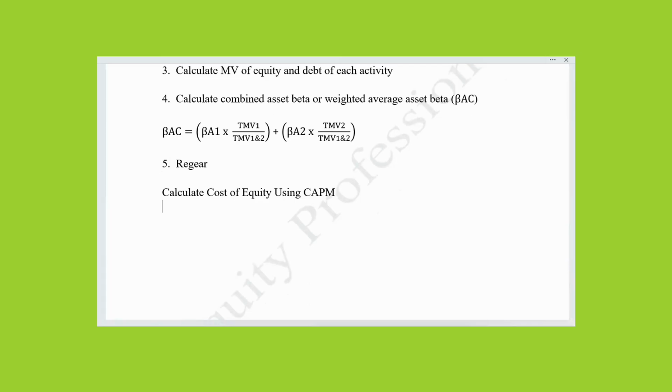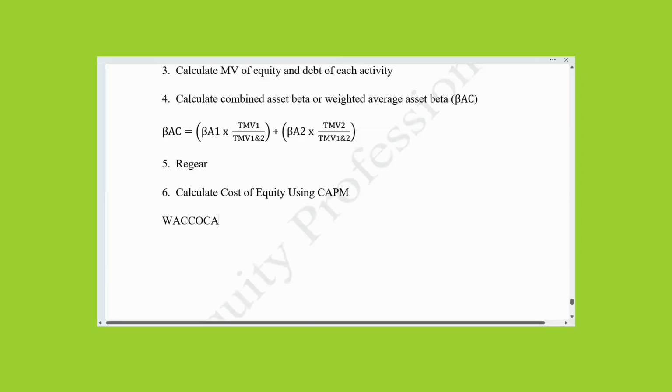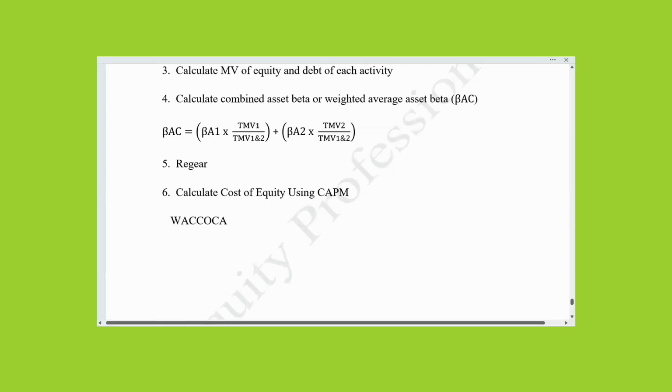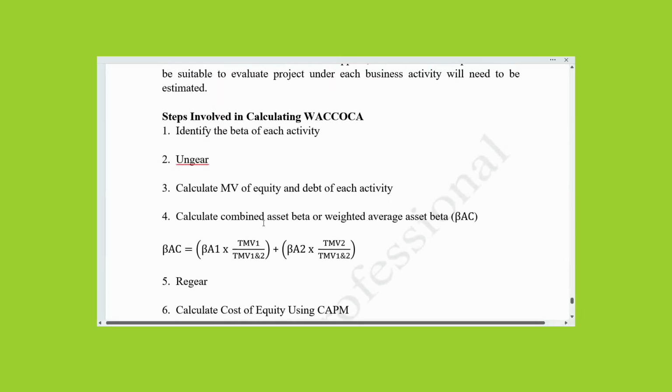Then finally, step 7, you calculate WACC. That's all. It's no more than this. So anytime you want to calculate WACC, these are the procedures you are supposed to carry out.